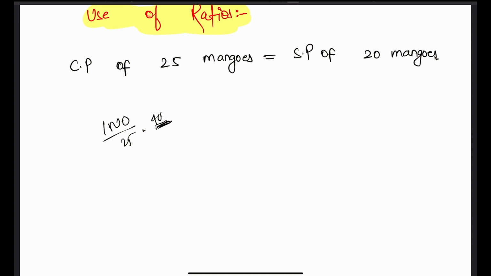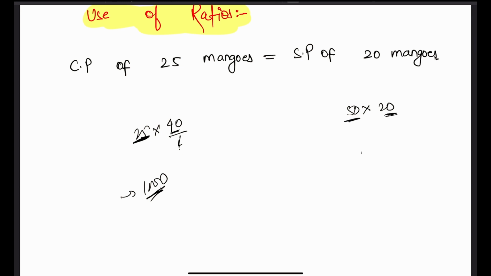Think of this question this way: he has 25 oranges, each costing 40 rupees. So he had a total of 1000 rupees, he purchased 1000 rupees of mangoes, 25 mangoes at a price of 40, but he sold them at 50 rupees per mango. So eventually he earned 1000 rupees, which is equal in both cases.